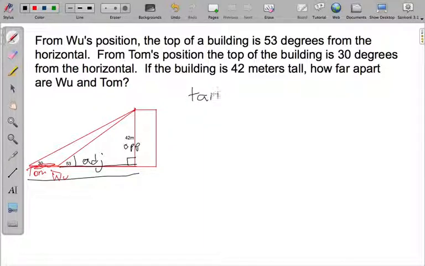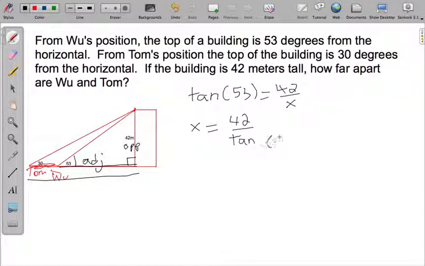So the tan of 53 degrees is opposite over adjacent, and I'm going to call that x. Okay, so in order to solve for x, x is 42 divided by tangent of the angle 53.